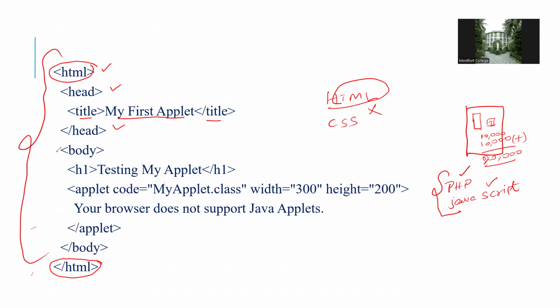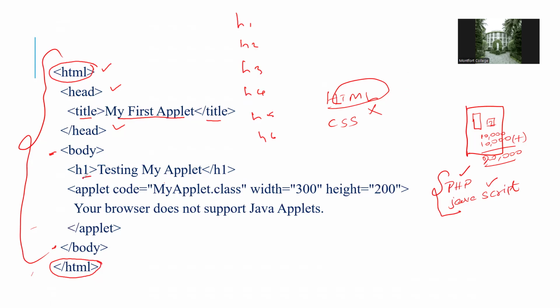So after the head, body begins. So body tag we are opening here. Body tag we are closing here. Okay. So inside the body tag, we have heading. So heading in the sense, we have six types of heading: H1, H2, H3, H4, H5, H6.